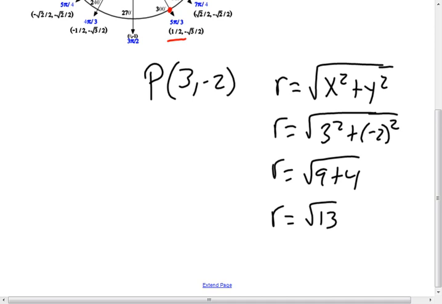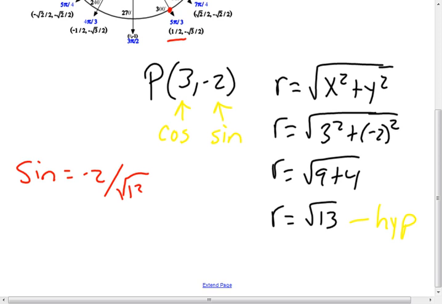So our cosine for this one is going to be 3, sine is going to be -2, and the hypotenuse is the square root of 13. So we can go ahead and calculate sine: -2 over square root of 13. And why do we write it that way?